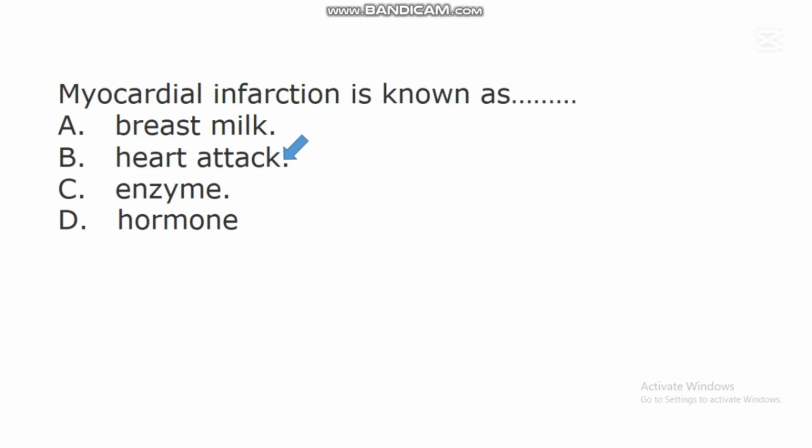This myocardial infarction is known as heart attack. So when an individual is suffering from this, this issue can lead to the death of the heart cells and the heart muscles. So this myocardial infarction is one of the deadly problems of the heart.